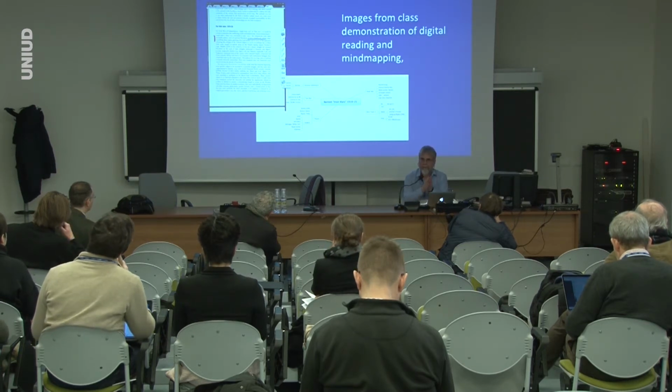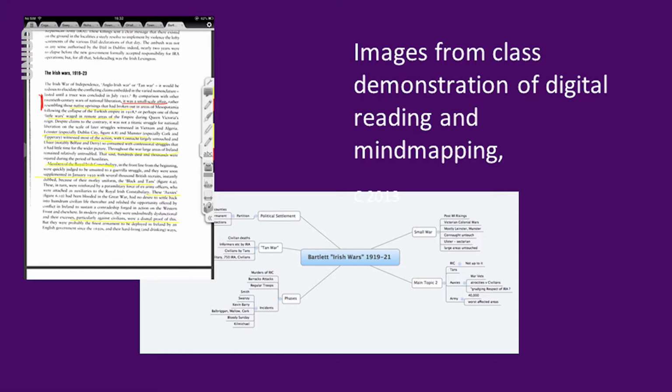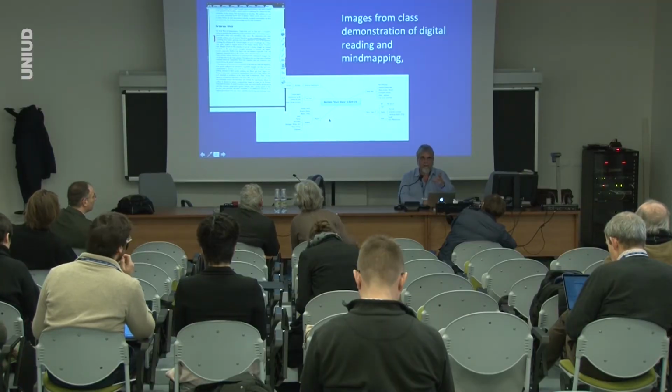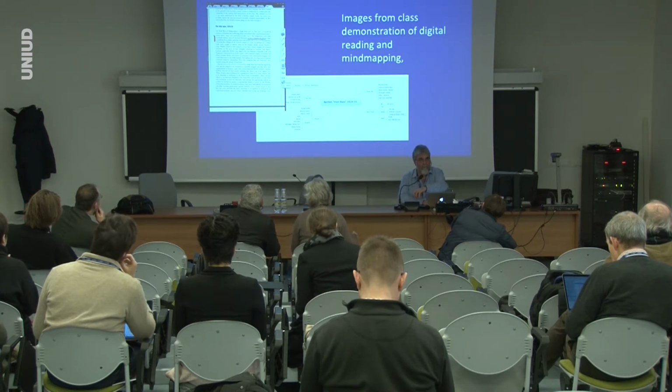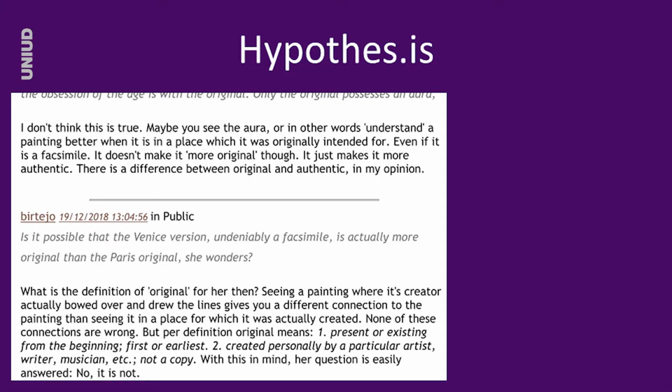So mind mapping applications are a good case for this, because there are some mind mapping applications where you can produce beautiful maps of the argument that's in an academic article, but you can't do anything with it. There are others where you can take the map and copy it into something else. So we get to this question early, the importance of moving stuff elsewhere.